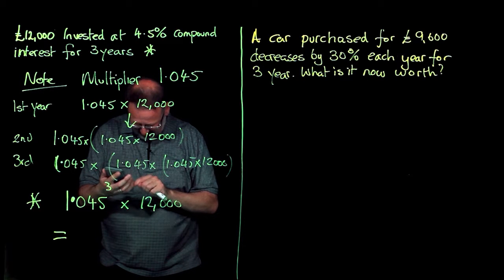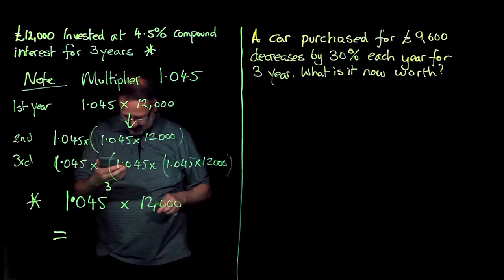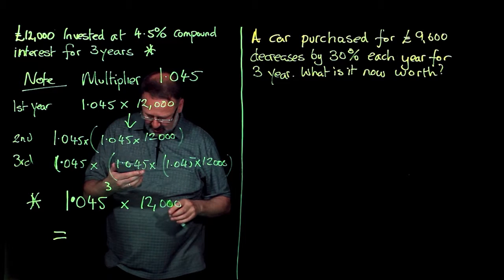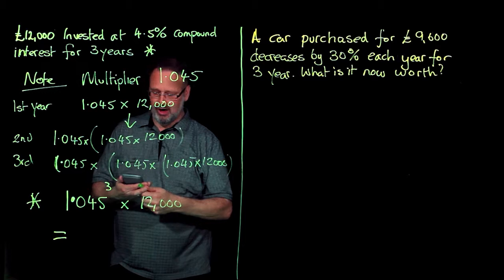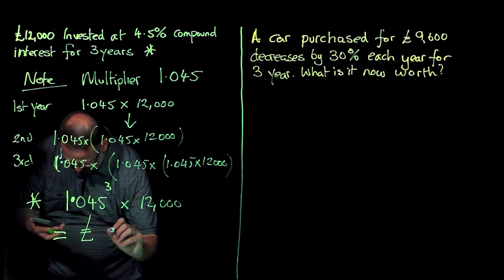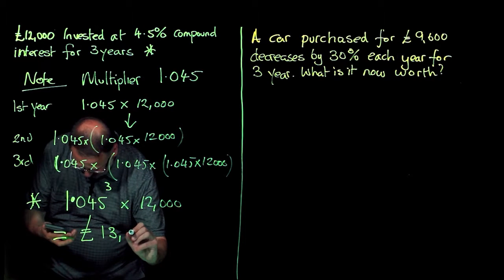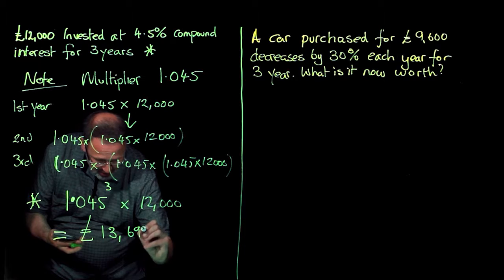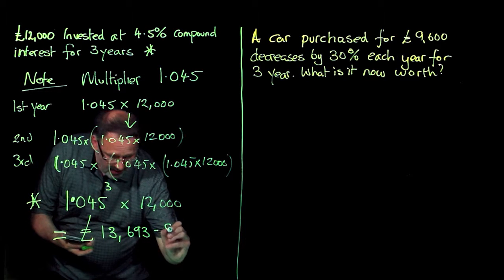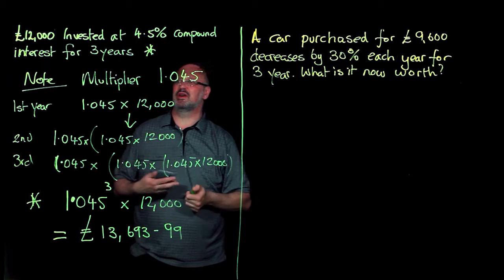I'm just being very careful how I put it in, and I get the answer 13,693.9935. So my answer will be, allowing for the fact my bank would round down to the nearest penny, £13,693.99. Just be careful with the odd decimal places.